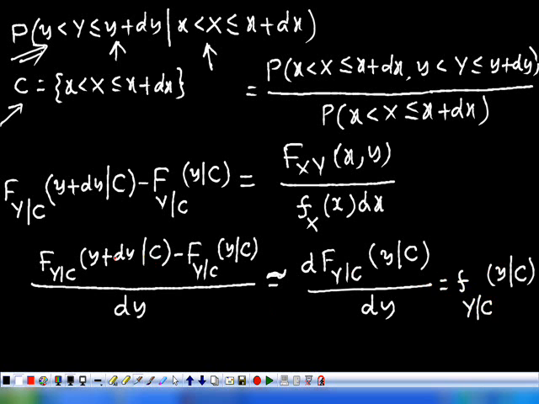Now, this value divided by dy is equivalent to this much. Is it right? What is the probability of x lying between x and x plus dx, y and y plus dy? Have you understood up to this point? Is it clear? Up to this.